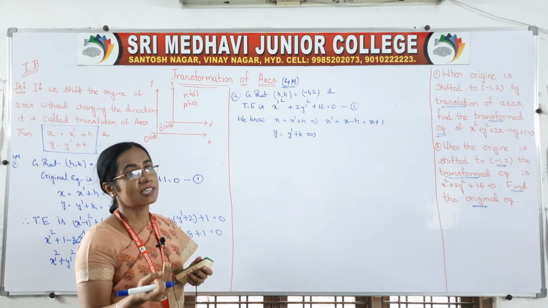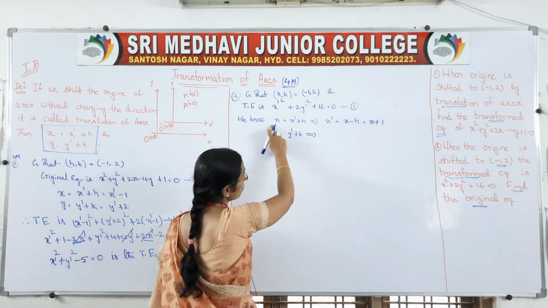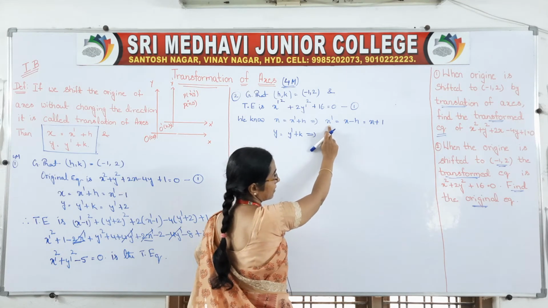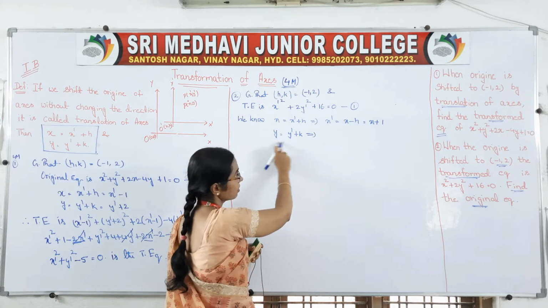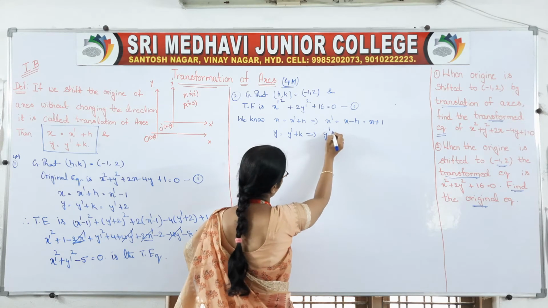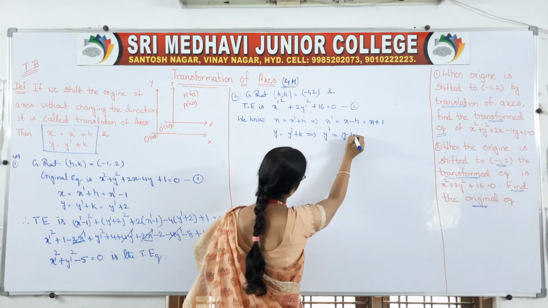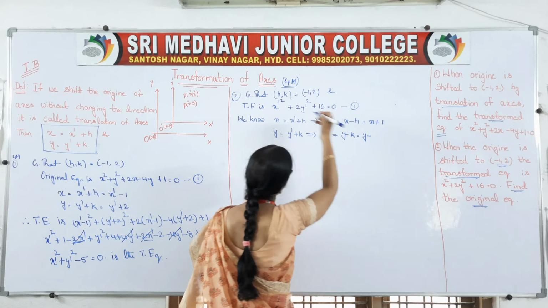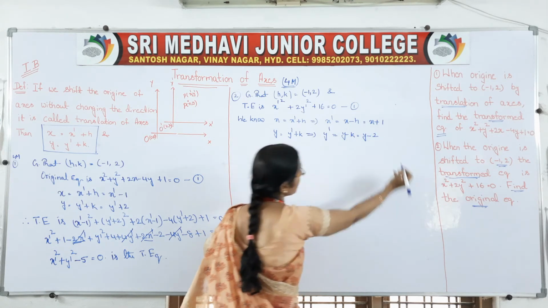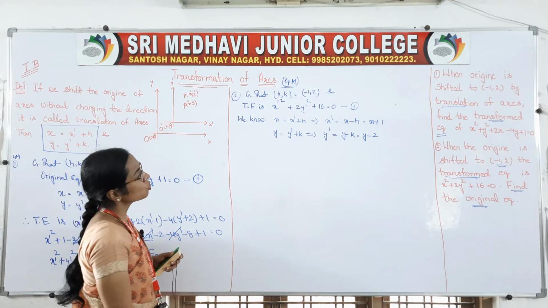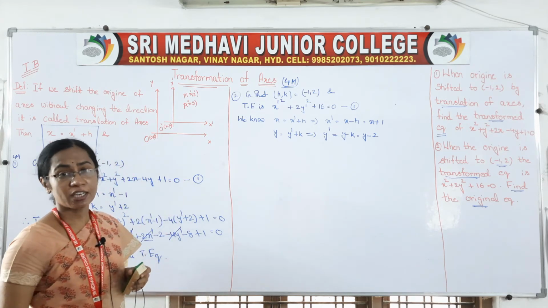From this formula try to get your x dash. Similarly, y dash is equal to, sending k this side, y minus k, which is y minus 2. So you got the x dash and y dash values.